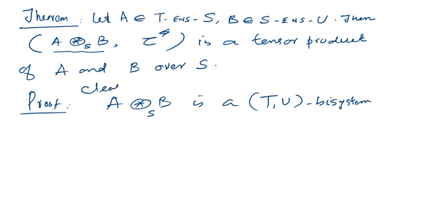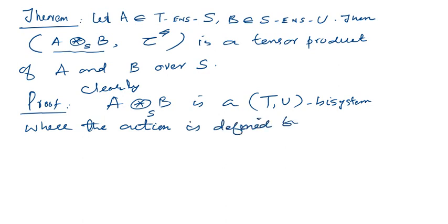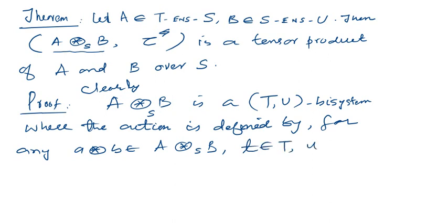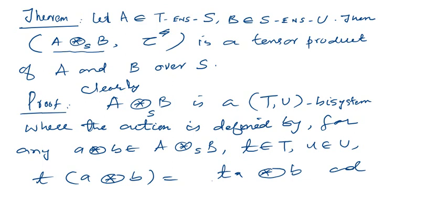Clearly this is a bisystem where the action is defined by, for any A tensor B belonging to A tensor B over S, T in T and U in U, we define T times A tensor B equal to TA tensor B, and A tensor B times U equal to A tensor BU.